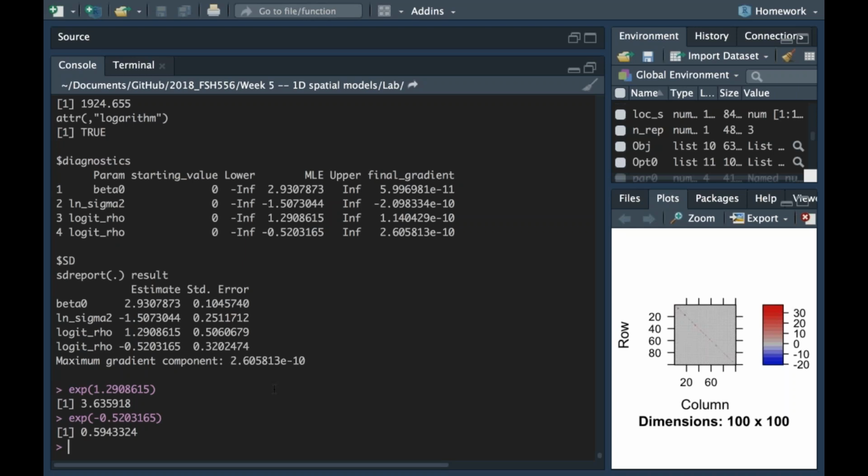But I think the correct value for logit rho, the second slot, should be the log of 0.5, and it's close to that, so that's kind of nice. And we'll talk more about the Matern function starting next week, where we use it more.